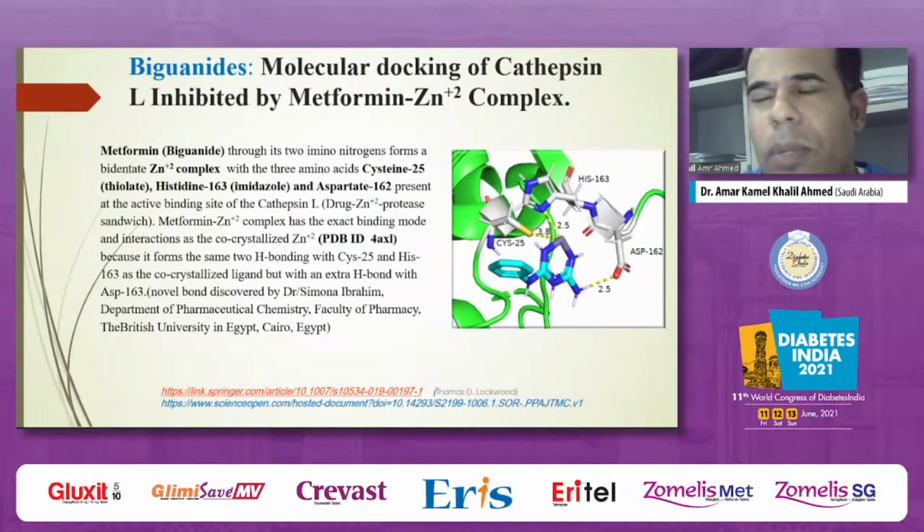We did in silico molecular docking in a review study at British University. Our team was with Dr. Simona at Egypt, to see what the bond is between the zinc and metformin.